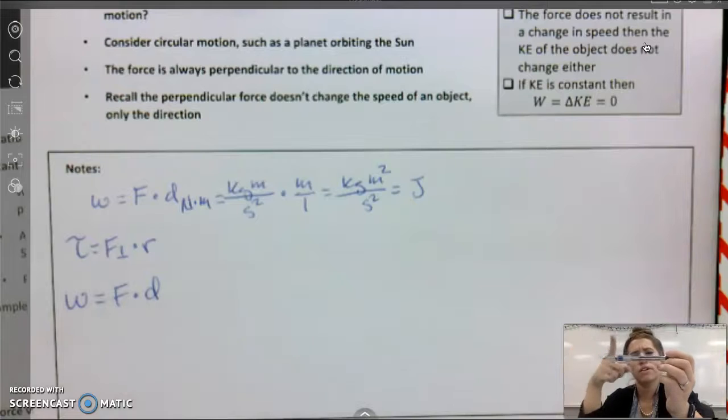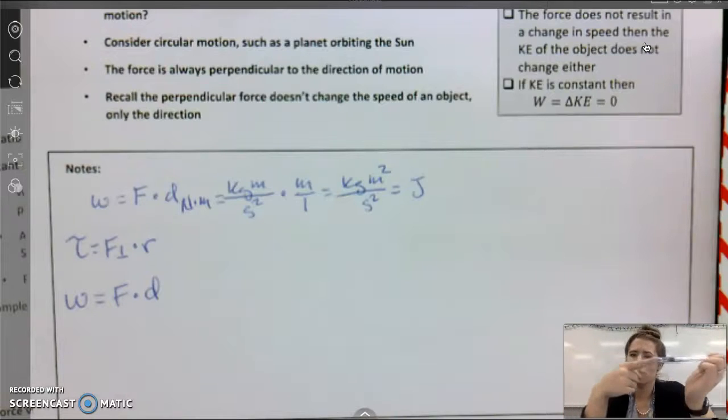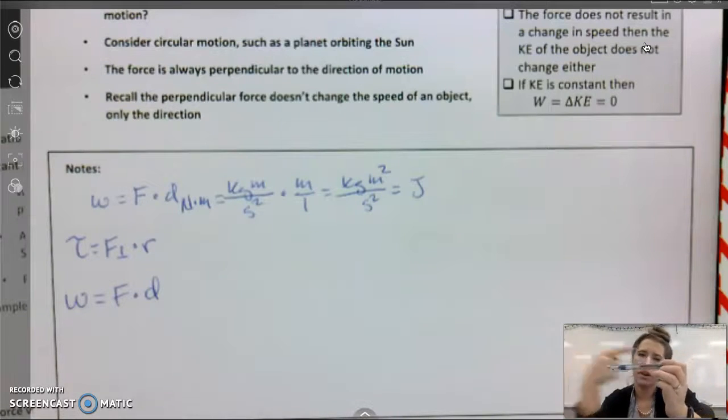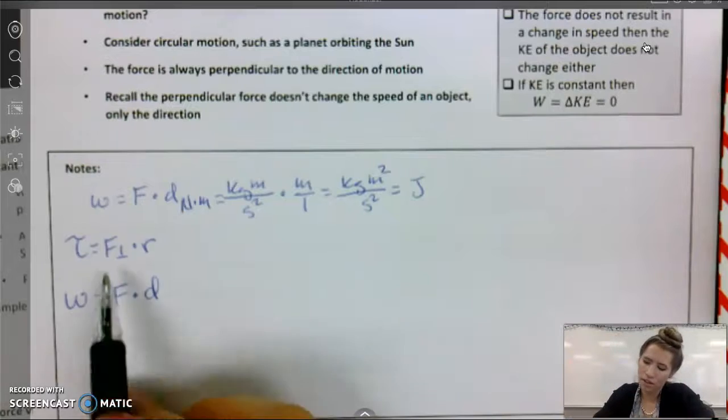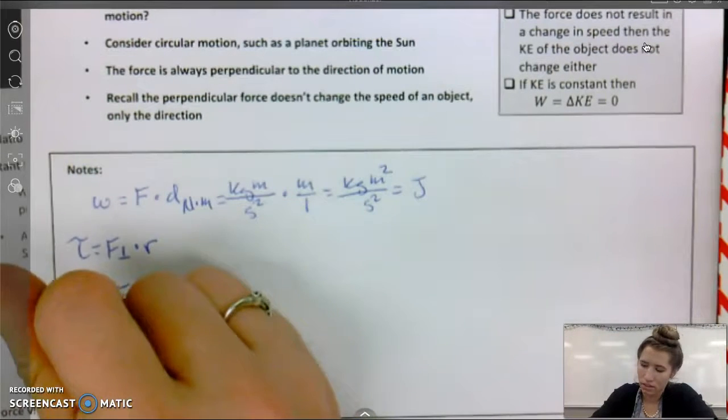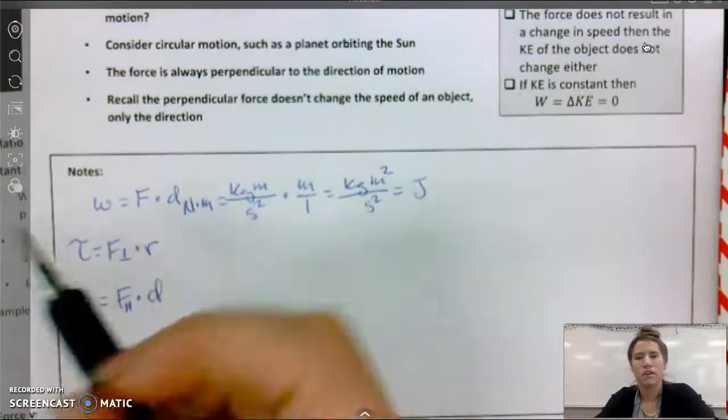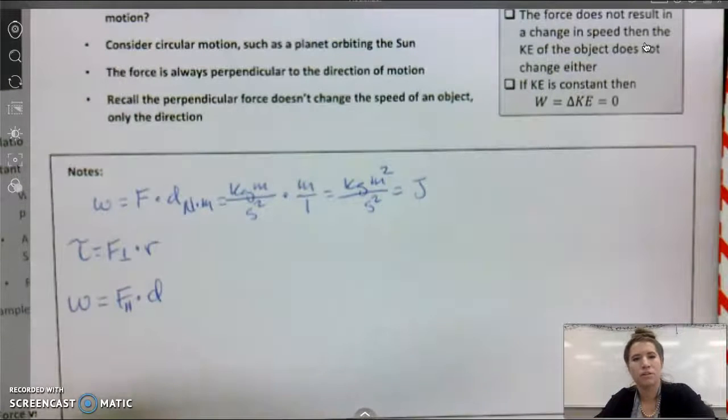And no matter how much I push on the pen perpendicular, I don't get any linear displacement. Linear displacement has to come from a force that is parallel to the motion of the object. If the object's going to go that way and the force is pushing that way, right? So unlike torque, it's the parallel component that gives us a linear displacement.